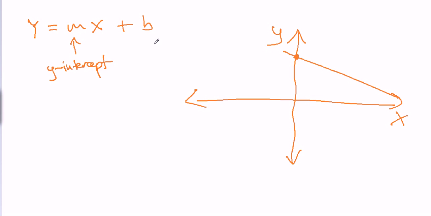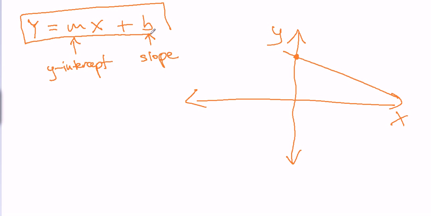And b is the slope. You've definitely seen this in your algebra course at some point. The slope here in this particular example is negative something, and the intercept is whatever this value for y is.